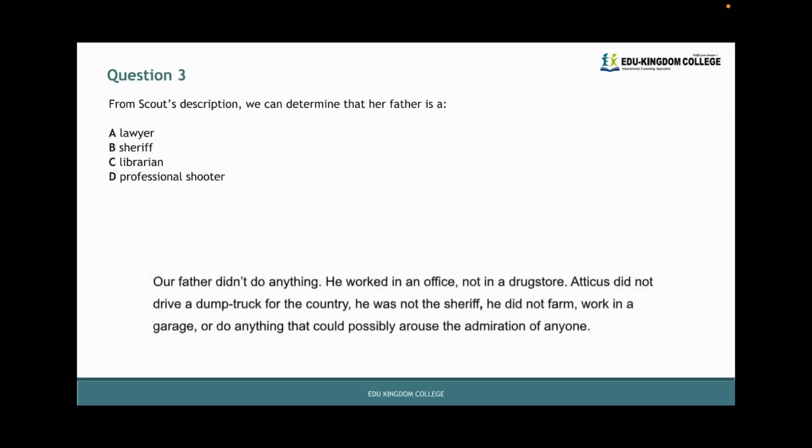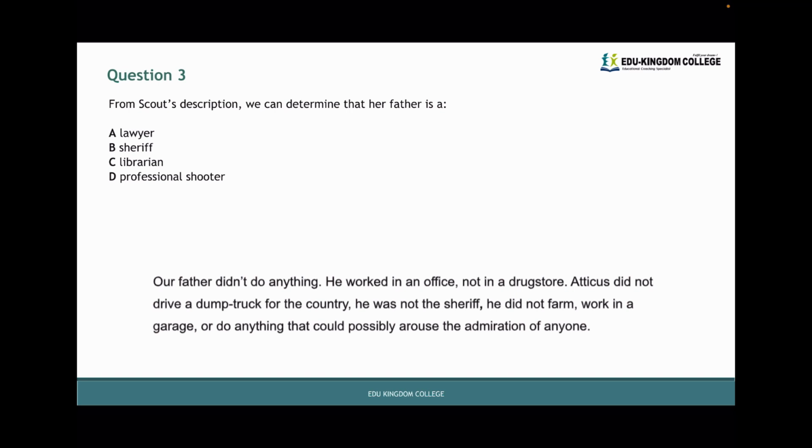So for question 3, from Scout's description, we can determine that her father is a what? If you look at the extract up on the board, you'll realize that he was not a sheriff and he did not farm. They also mention later on in the text that the person does not shoot.